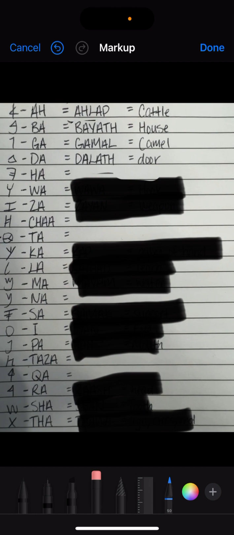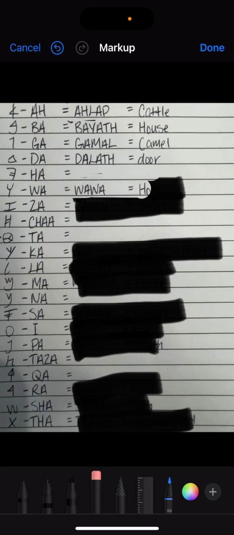Now the next character is ha, which has no character. I don't have the root for that pronunciation, so I'm going to go over that one and go to the next, wa. Wa derives from the word wa, which means hook.